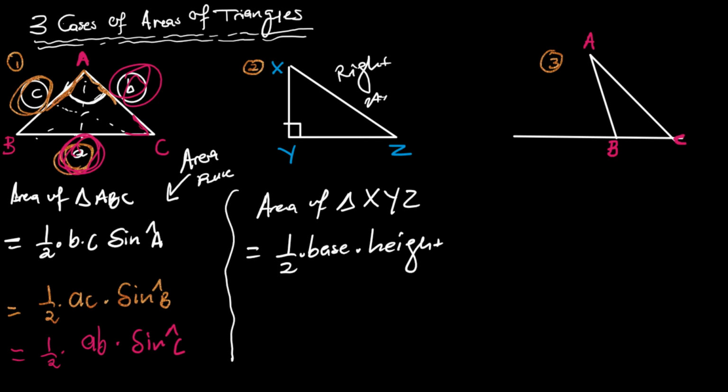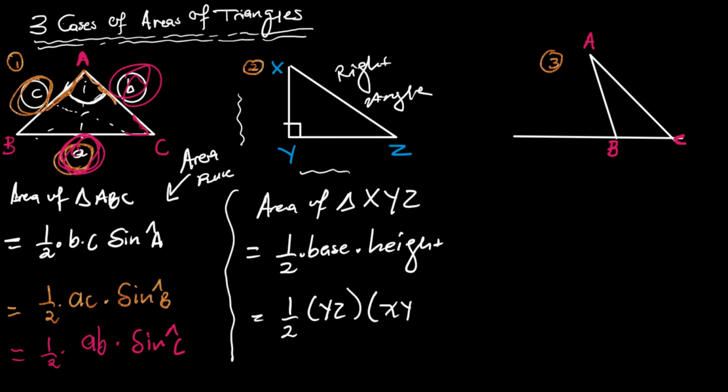So we're going to say half times the base, which is YZ, multiplied by the height, which is perpendicular, which is XY. That's how you can look at it.